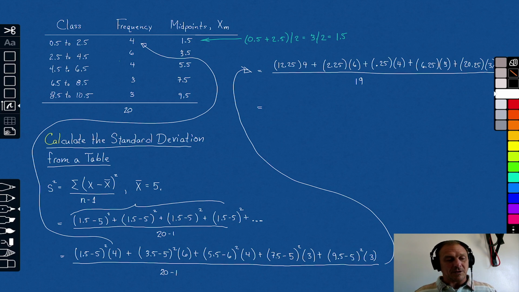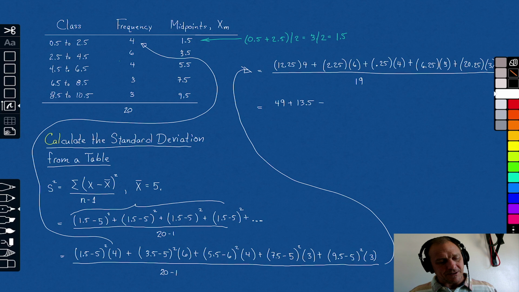So 12 times 4, that's 48, and 1 more, that's 49. Plus, let's see, 13.5.